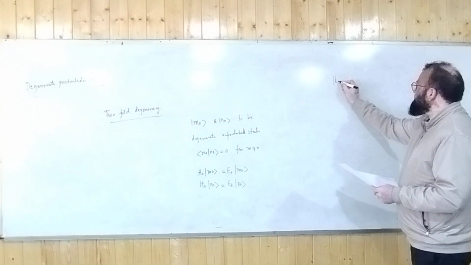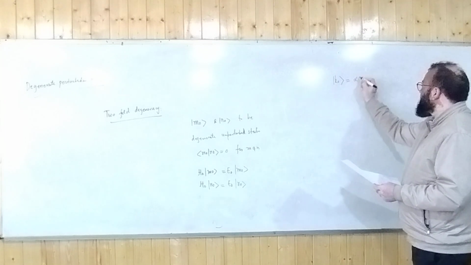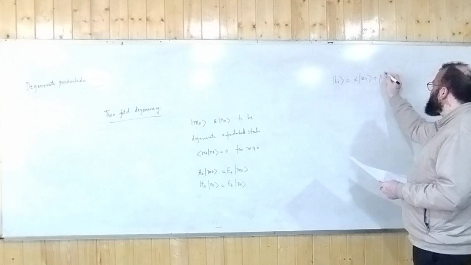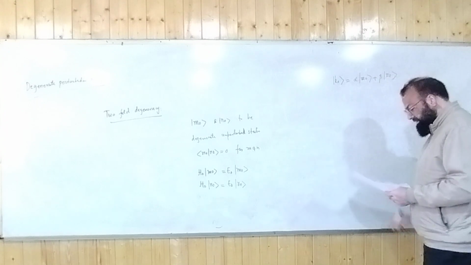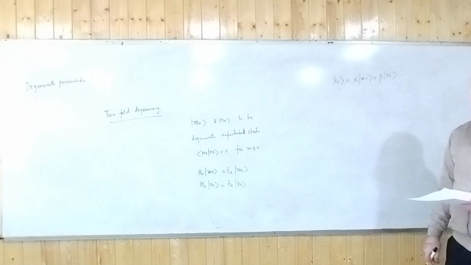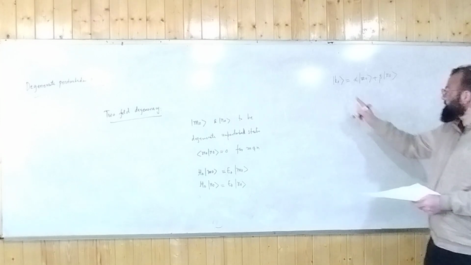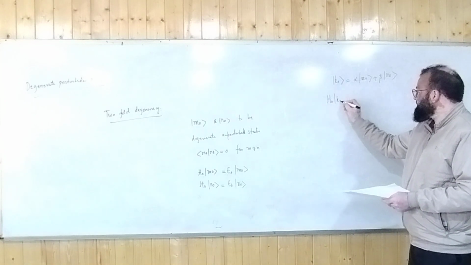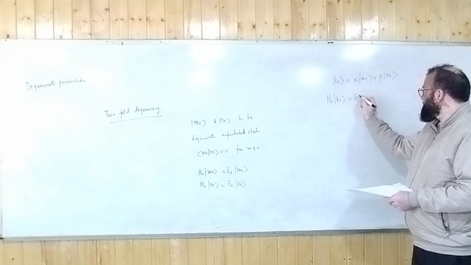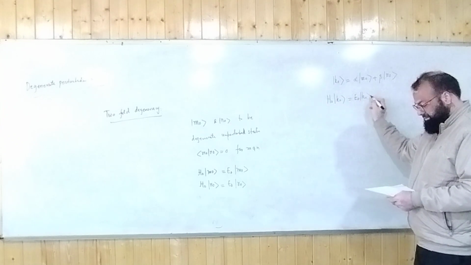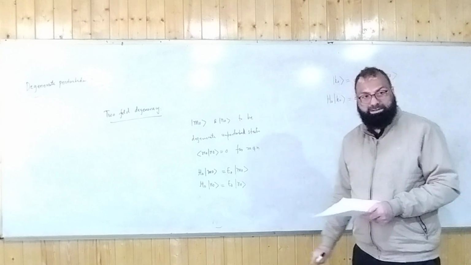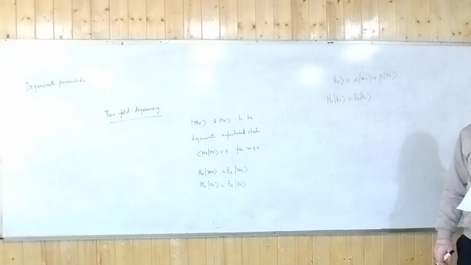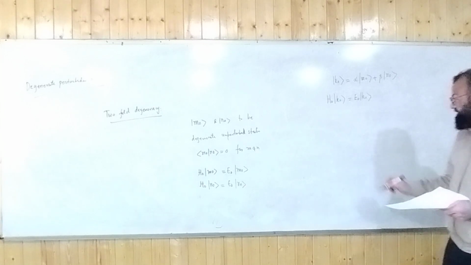Let's take this ket |k0> = alpha |m0> + beta |n0>. Clear? Let's take this very ket. So this is also degenerate. So I am having H0 acting on |k0> equal to E0 |k0>. Clear? Okay, so now let's apply the perturbation.